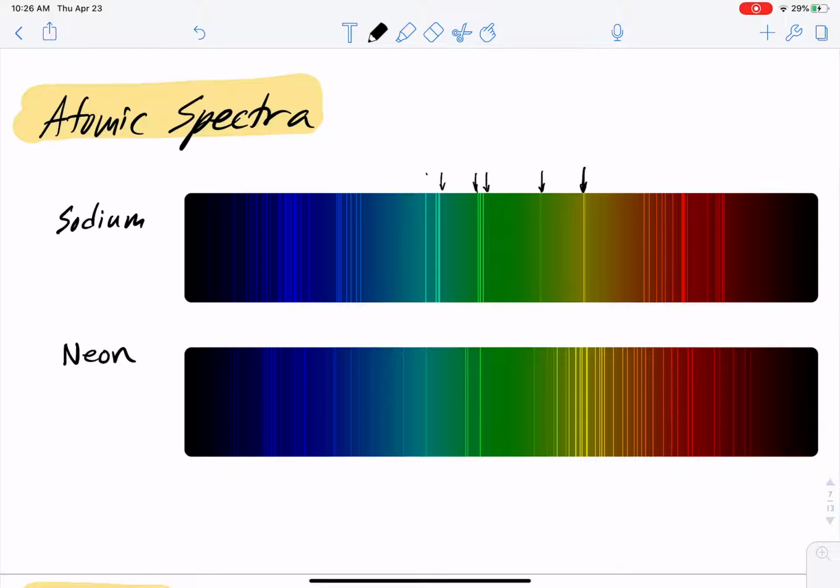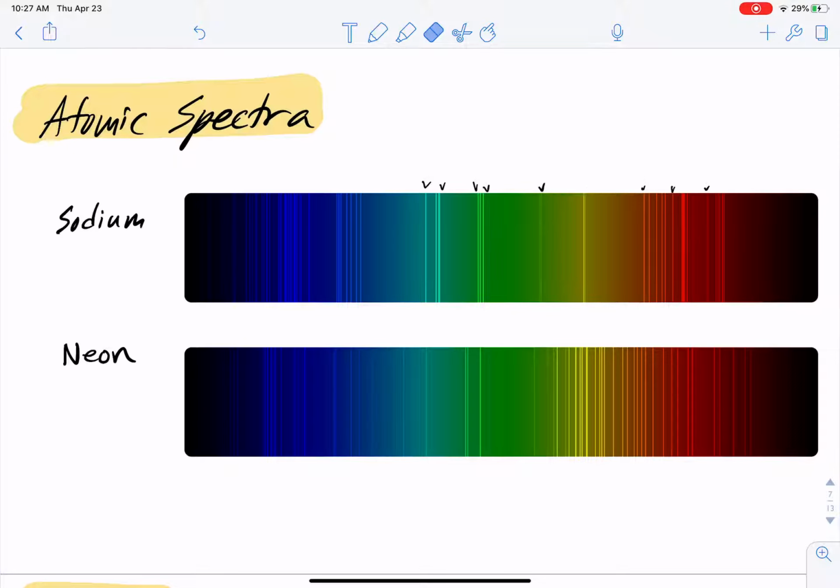Each of those bars corresponds to a different frequency, a different wavelength. And the atom can only oscillate at certain frequencies. So each of these bars is like a different mode for the atom. It's actually transitions, but we won't be able to go into the details at this point.